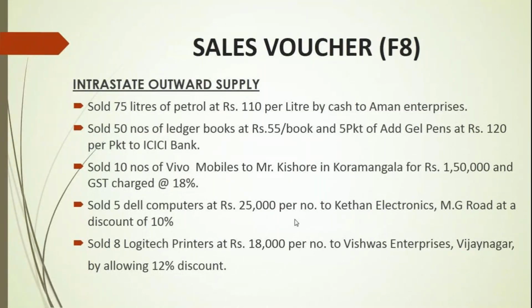So that will cover both the aspects for purchase as well as for a sales voucher. In case you haven't done in the last few minutes, you can just complete the entries, the first two entries if you haven't done.